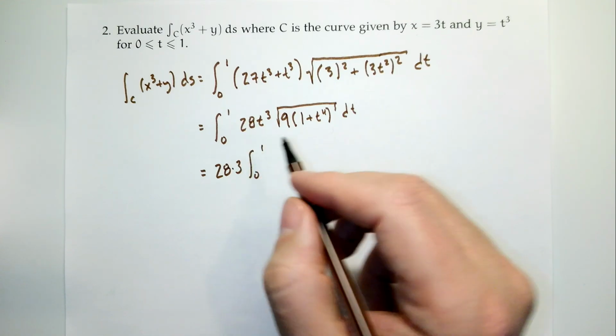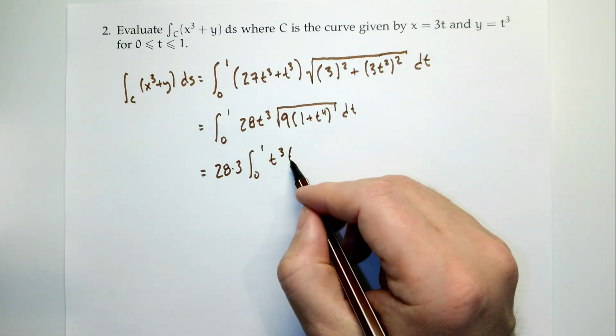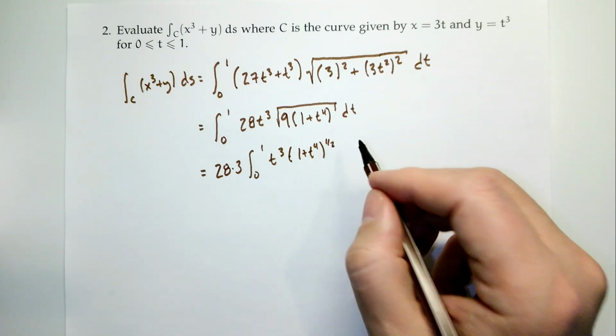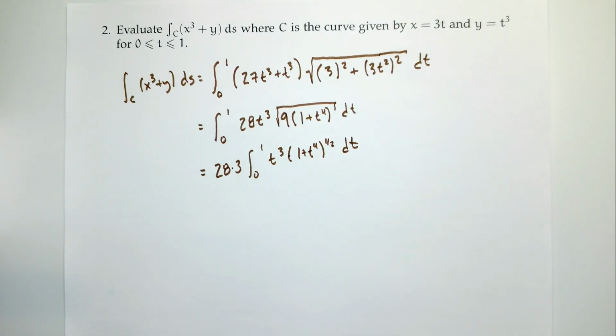Integral 0 to 1, and alright, so we have t cubed, and I'll write it as 1 plus t fourth to the 1/2. That's kind of a calculus thing to do. When you have a square root, you think of it as to the 1/2 power. Now, how do we make progress here?